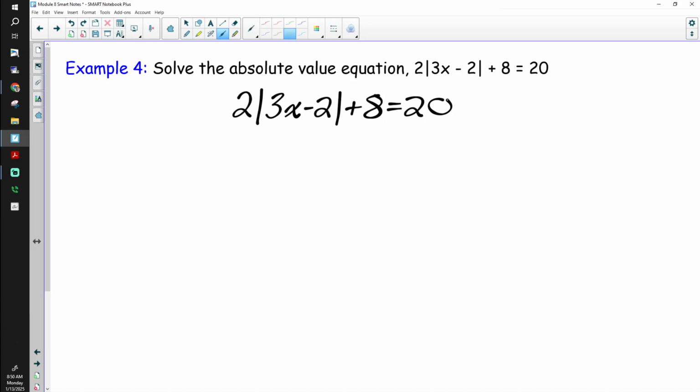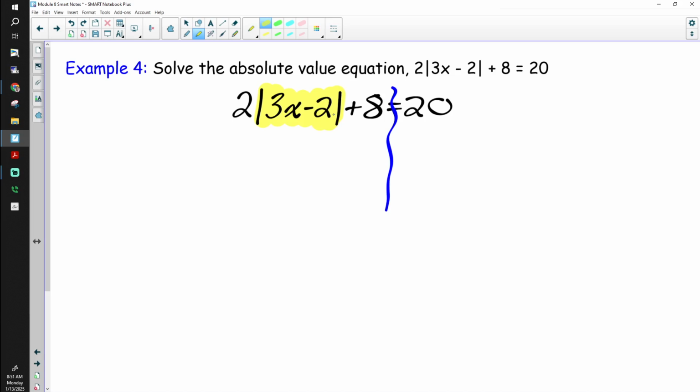So, our first step is still the exact same. We need to isolate the absolute value. So, on my absolute value of 3x minus 2, I need this to be all by itself. So, I need to move the positive 8, and I need to move the 2.